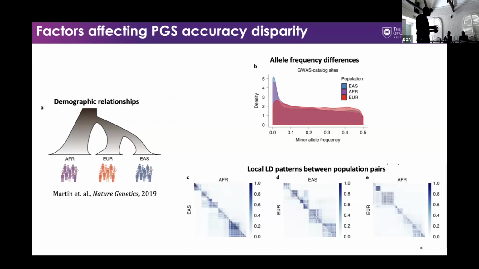This is something we know and observe. But what we really wanted to understand in that study was to quantify, if that's the only factor, how much prediction accuracy we would expect to lose. And I'll come back to that at the end, because if we understand that, it has some implications about how we can solve it.